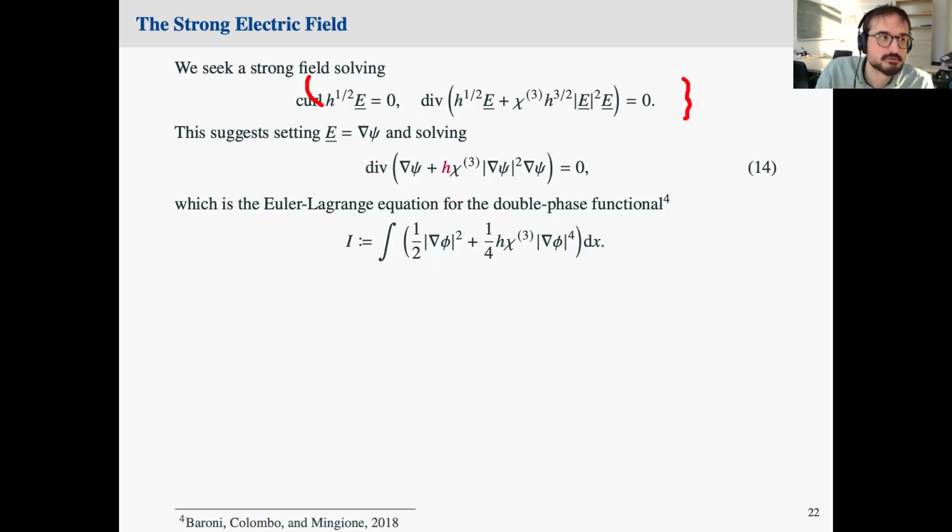And this is actually advantageous because it's in principle easier to determine a scalar quantity. So we want to solve an equation like this. You can check that it is actually the Euler-Lagrange equation for a double phase functional.